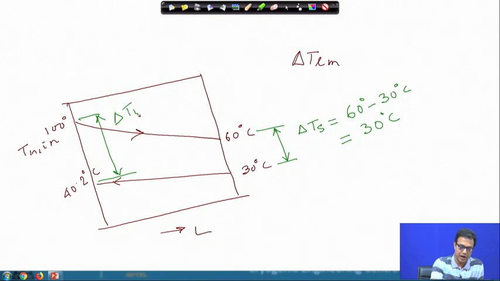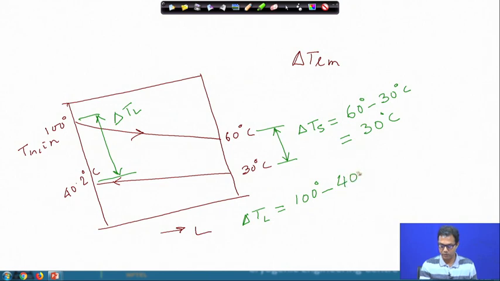This delta T large is equal to 100 degree minus 40.2 degree centigrade, and so this comes out to be 59.8 degree C.